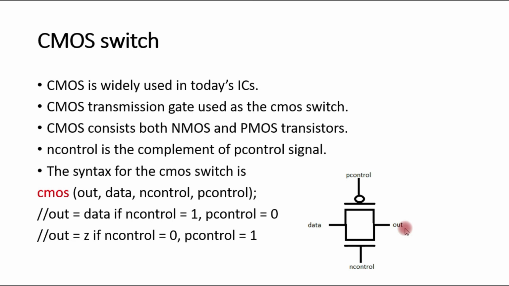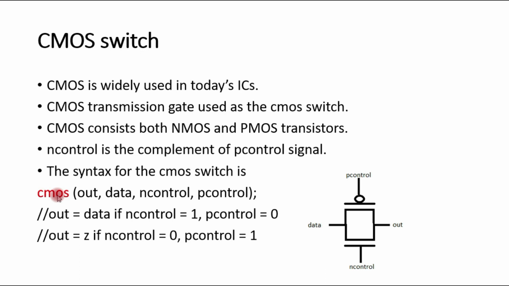The CMOS transmission gate passes the data when N control is at logic 1 and P control is at logic 0, and it stops the data when N control is at logic 0 and P control is at logic 1. CMOS is a reserved keyword in the Verilog library, and it is used for the CMOS transmission gate.